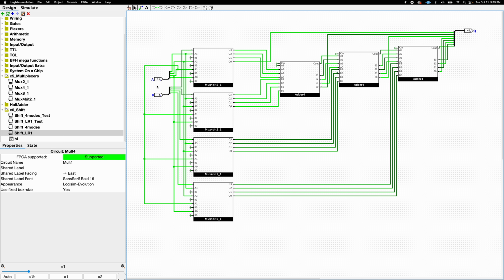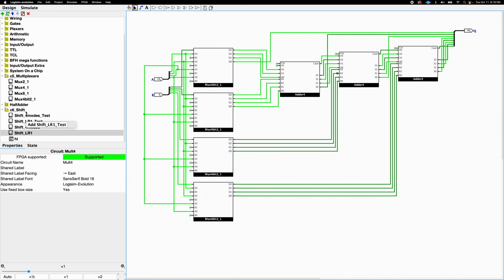So if we were to build this physically, this would be very, very complicated. We would have to have an enormous amount of input switches, specifically 8 input switches. And then we would have to have 8 outputs as well, so 8 output lights. And for these multiplexers here and these adders here, we would have to build that physically using TTL chips.